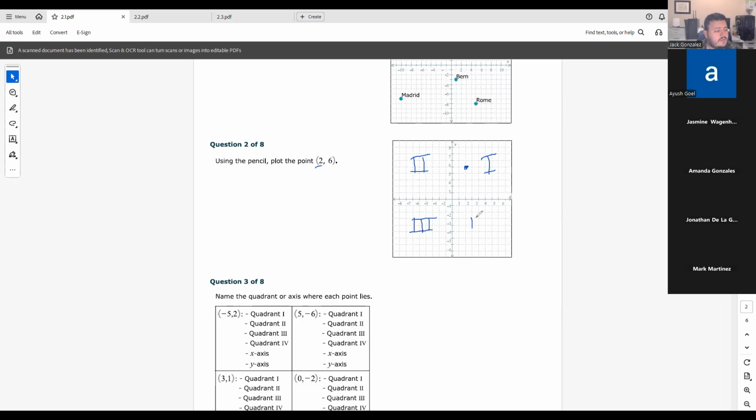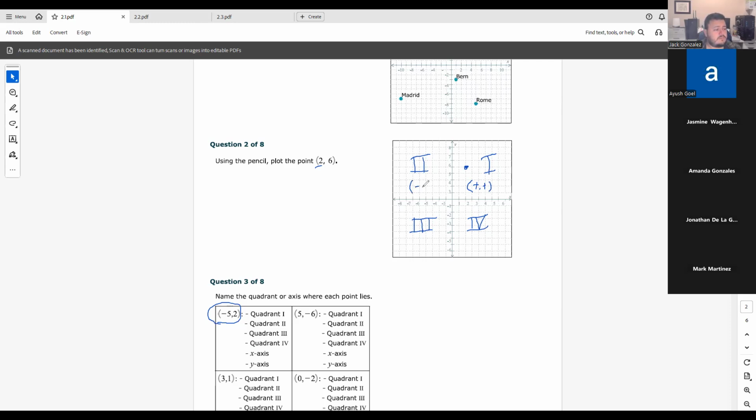On the next one, they actually asked for the quadrants. Number 3, which quadrant is this in? You can make a little note to yourself to make it easy, or you can just look at it. This is always plus plus.